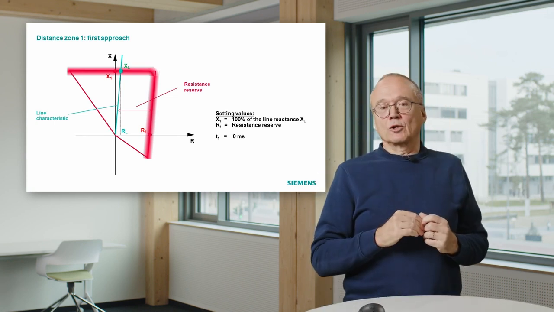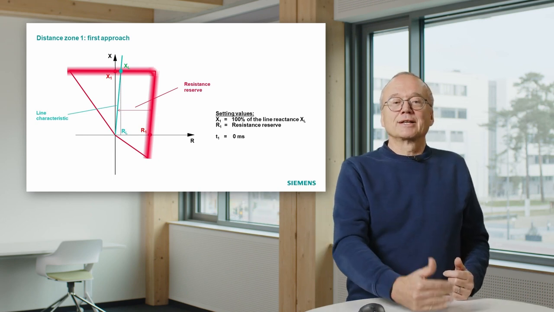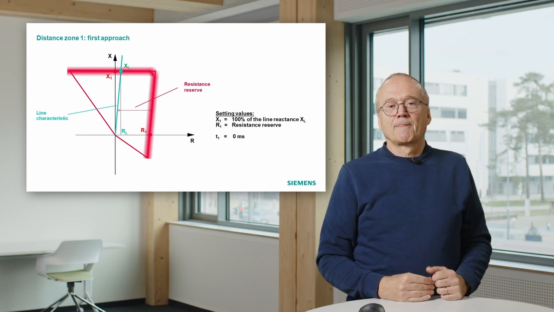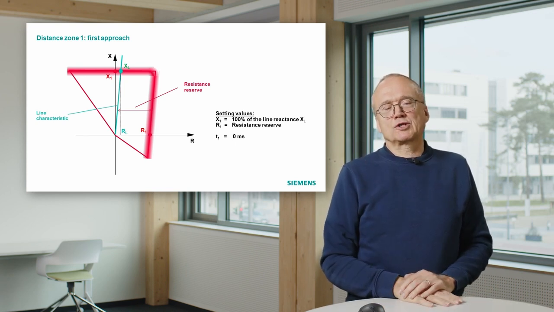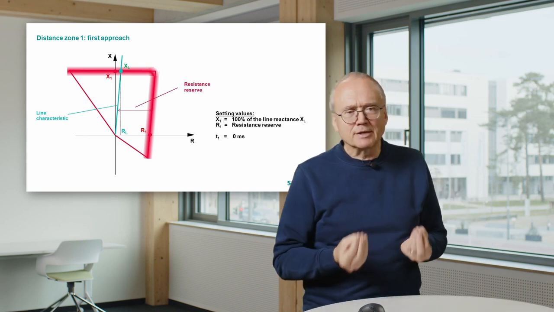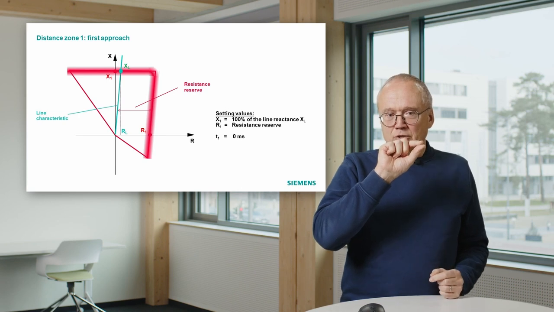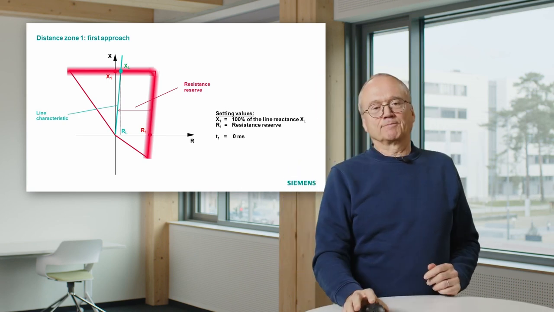Or the result can also be if you have a fault just on the line but pretty much near the end, the relay measurement says, no, it's outside. I don't see it in the zone. And that is a principal problem in distance protection, that you have to live with this unsharp limitation.